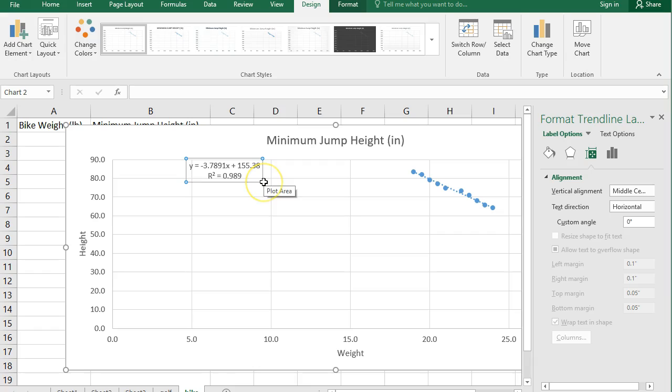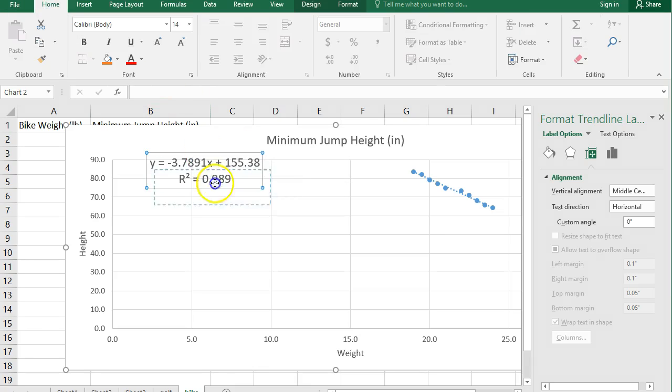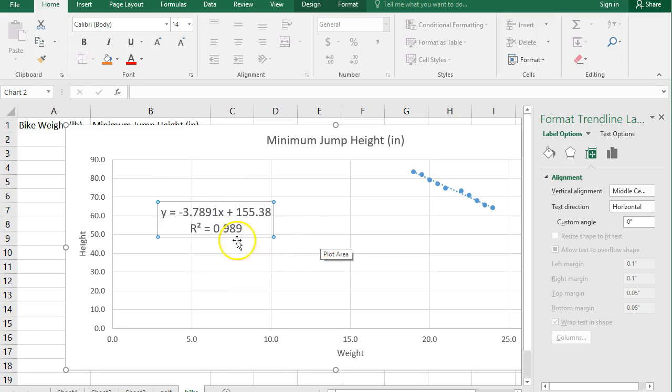Let's discuss what this is telling us. Think about the slope-intercept formula, y equals mx plus b. So we have the slope, which is height divided by weight, and b, which is the y-intercept, which means if you follow this line all the way back to 0, instead of like 90 is where this graph ends, it would be way up here like 155.